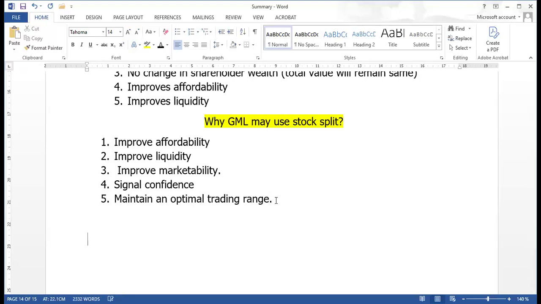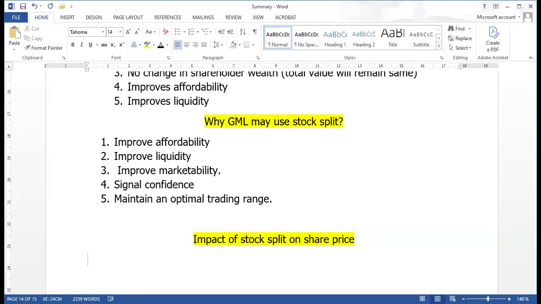Then, of course, the impact of this. If they ask you the impact of stock split on share price, I believe you put a point. Don't forget, we saw the impact of share purchase on share price. What is the impact of stock split on share price?